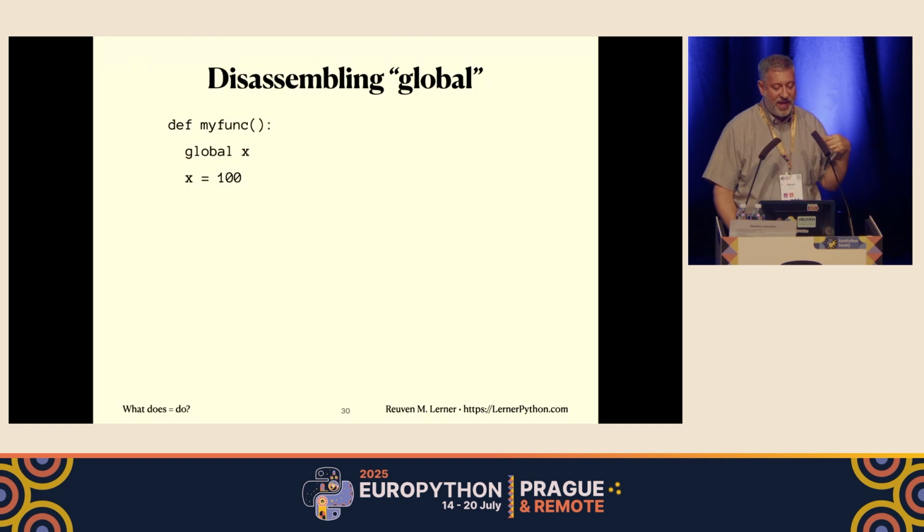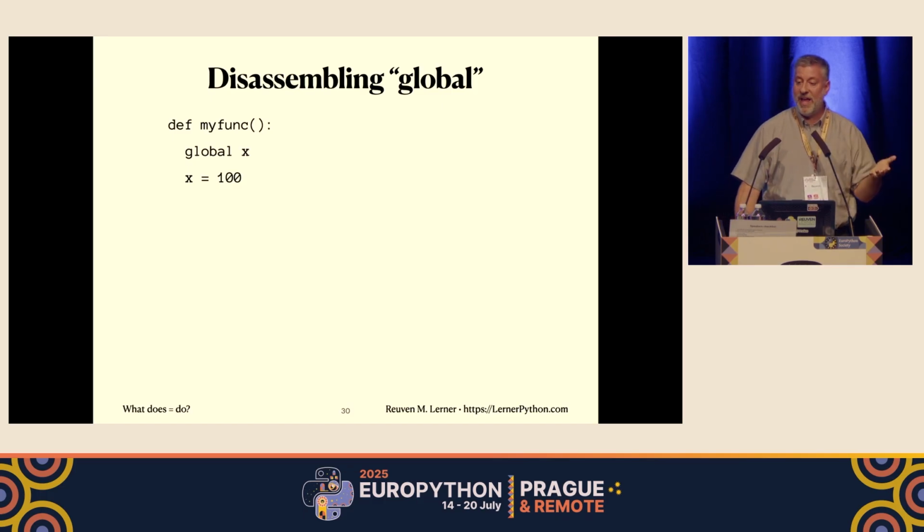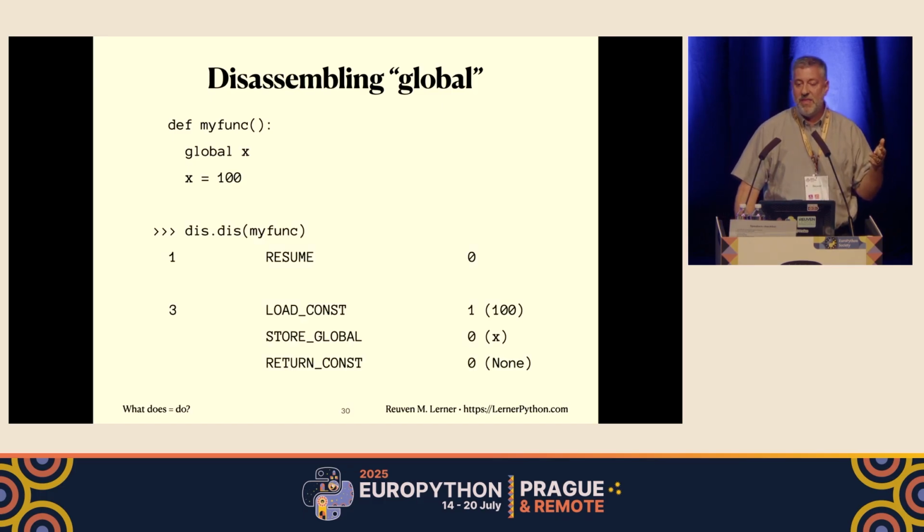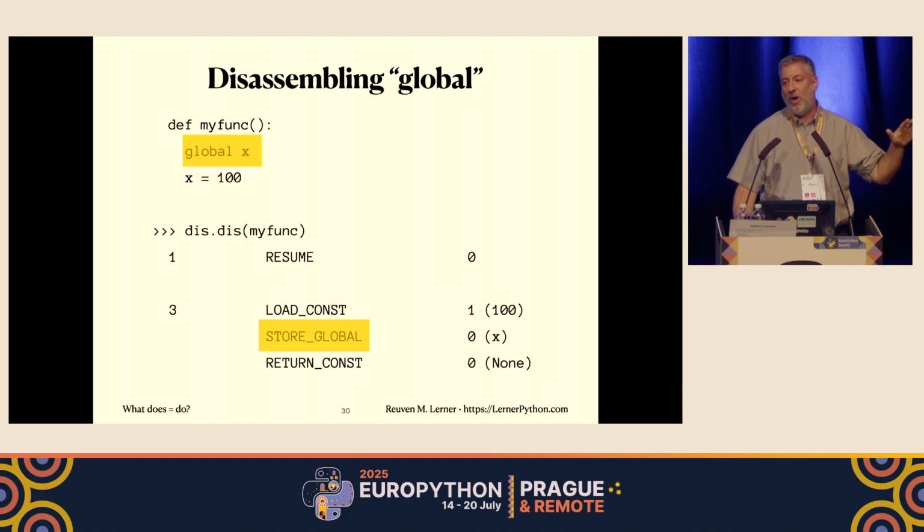And so if I now say def my_func(): global x; x = 100, the bytecode that's produced looks very different. Because of that global x declaration, we now have a STORE_GLOBAL bytecode. There is no local variable at all. It just stores directly to the global.